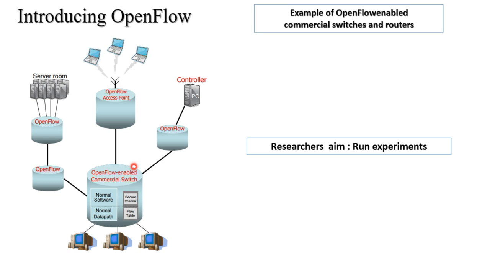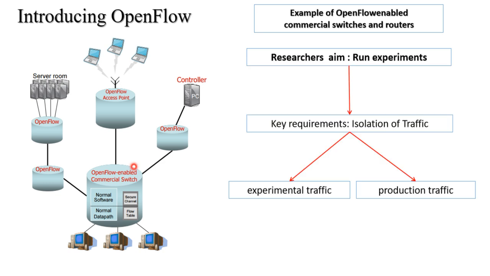When they introduced OpenFlow, the researchers' aim was to run experiments. When running experiments, the main requirement is isolation of traffic: one is experimental traffic, one is production traffic.